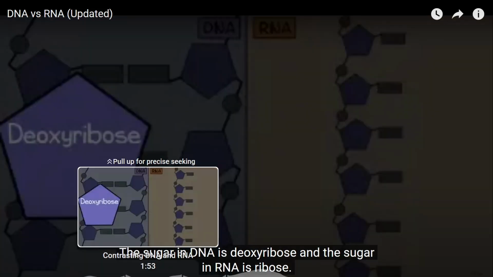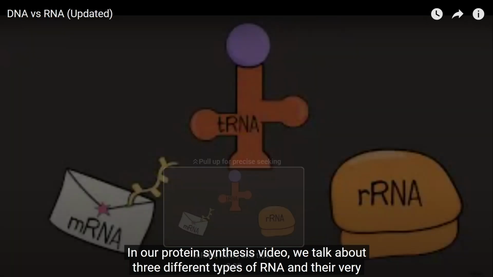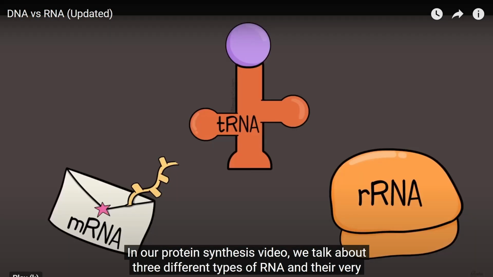Back to 3:04. Where are we? There we go. What do we have here? We have mRNA. Does anyone remember what the M stands for? Messenger RNA. It's the one that takes the message of the DNA code out from the nucleus and into the cytoplasm. We also have a thing here called tRNA, and we have one that's rRNA.